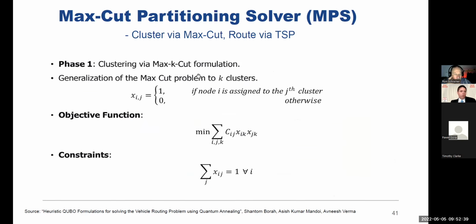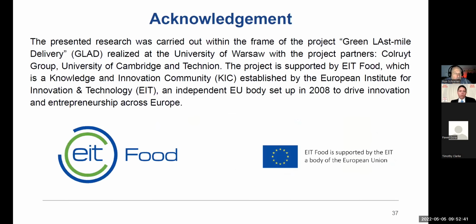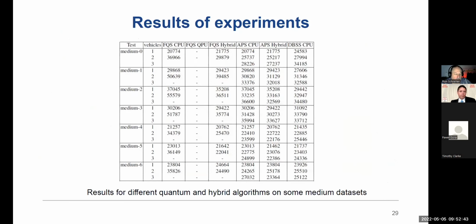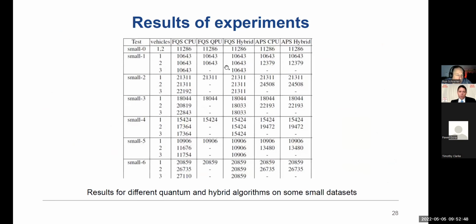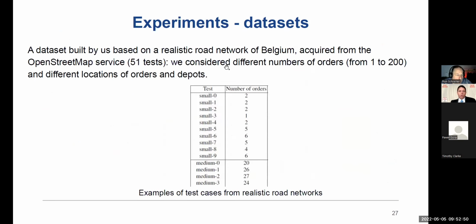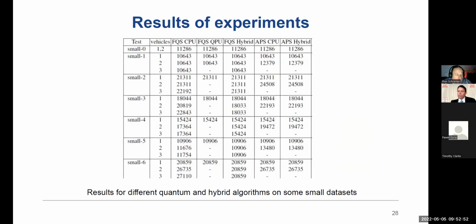Let me go back. I'm not sure if we have it on our slides. Yeah, so there was the QUBO solver. I cannot say. So for sure, here we have the results. It was only for, let's say, 2 vehicles, but I'm not sure. I don't remember, I can check it later.